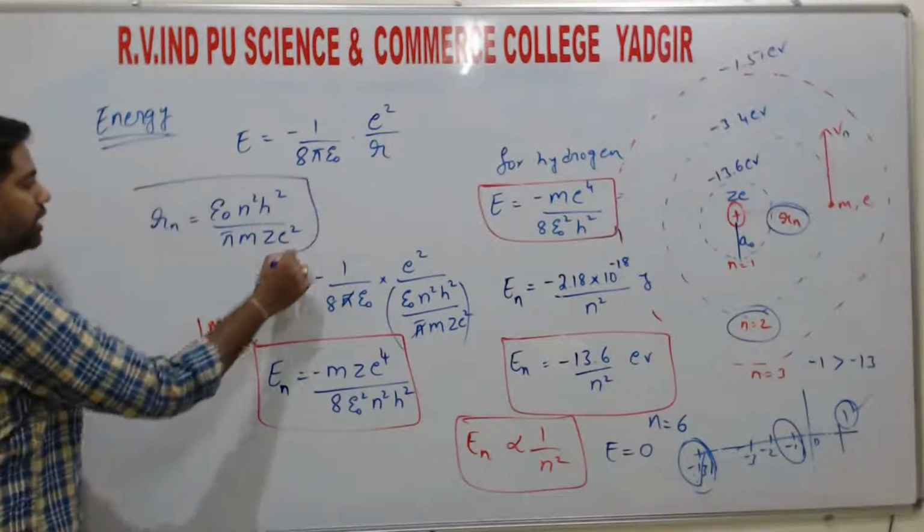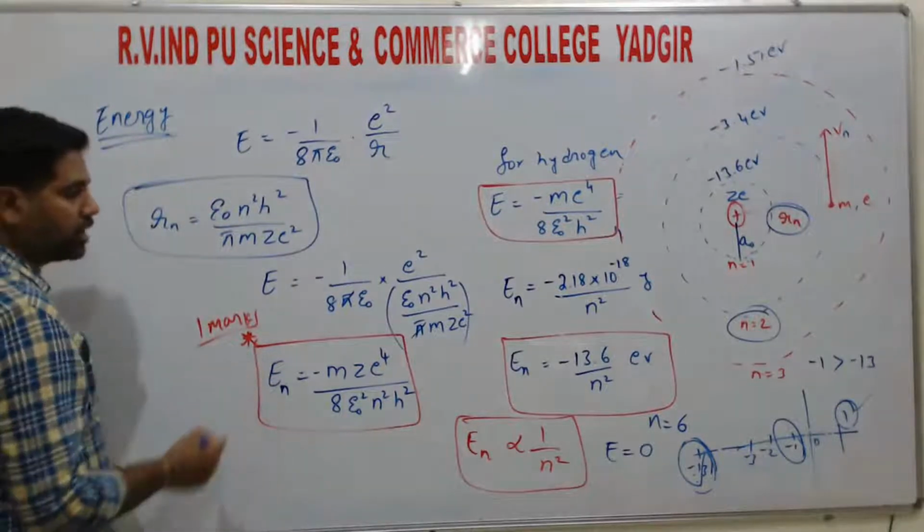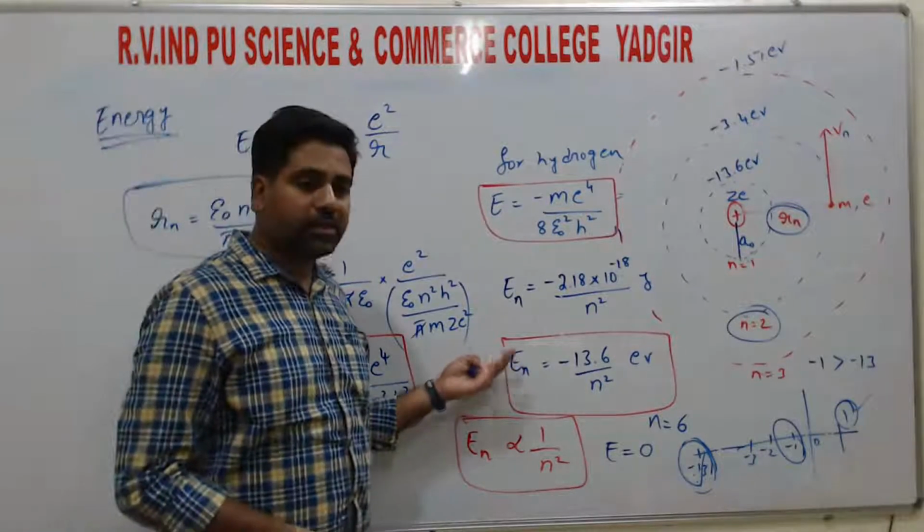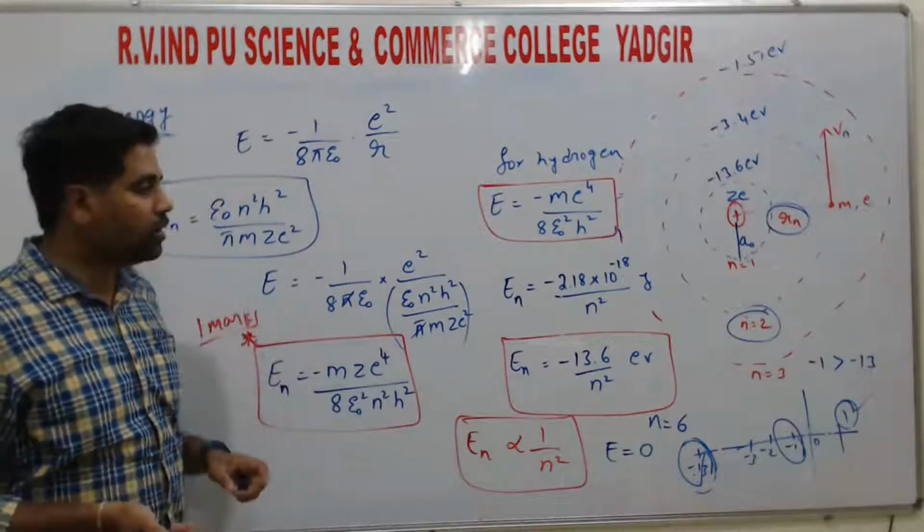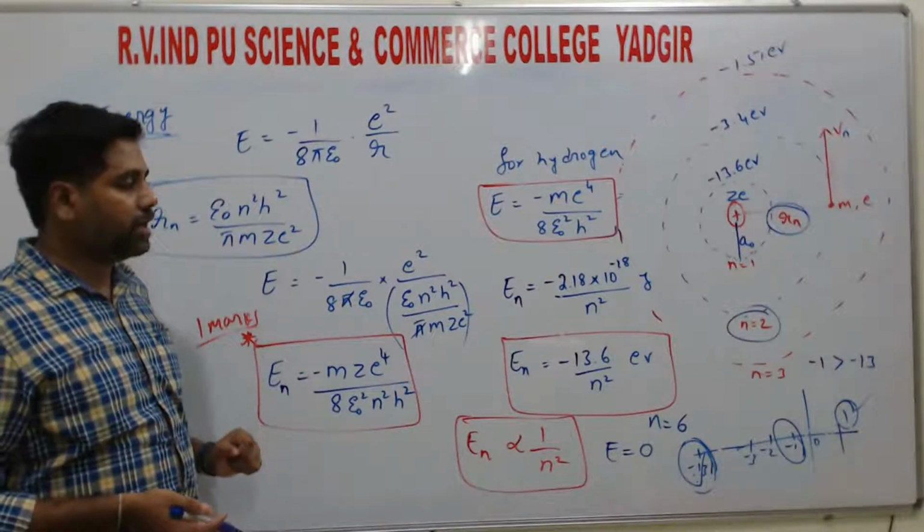So this one is the radius, this one is for the energy, and in the last class we discussed the velocity, right? So this is about the energy.